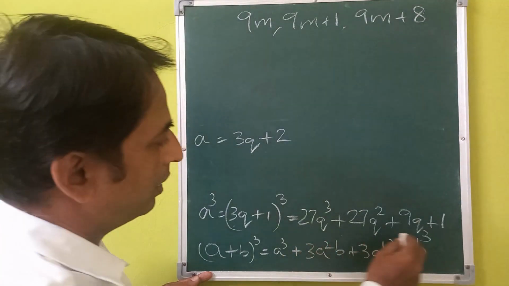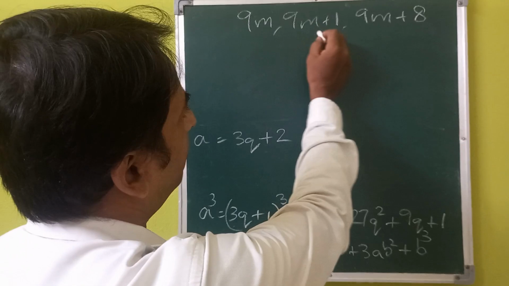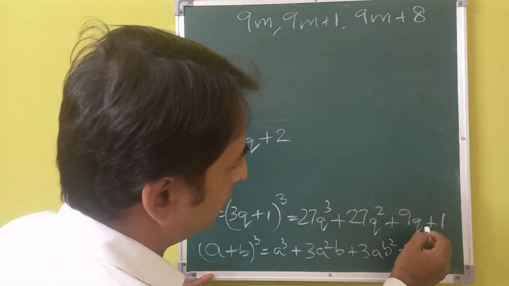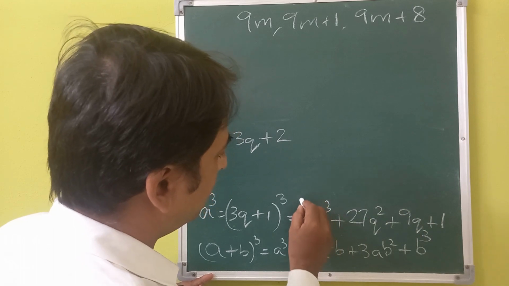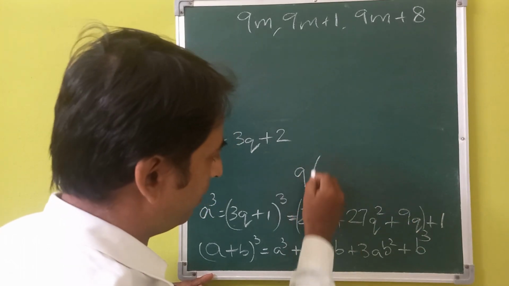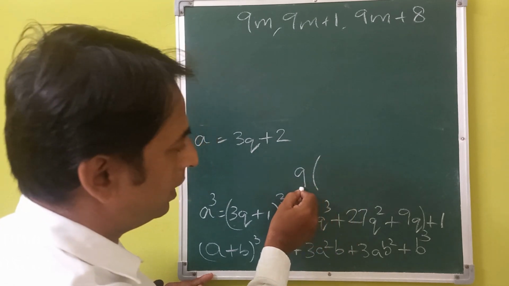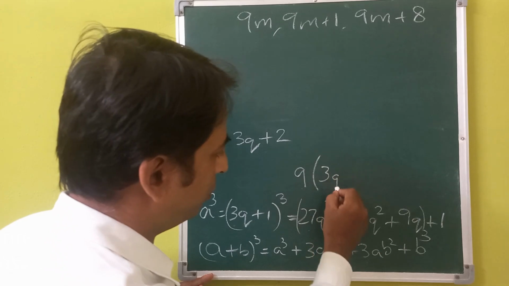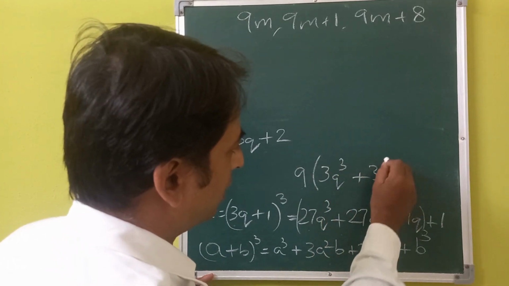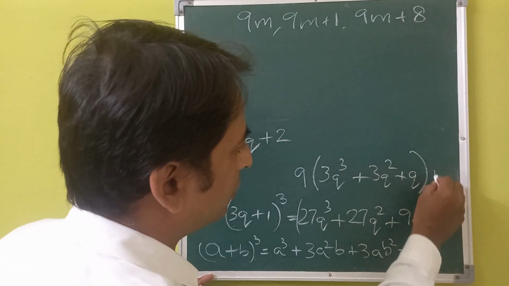So we can try to write it in the form of either 9m, 9m plus 1 or 9m plus 8. Now we can directly see that this is a multiple of 9. So we can write it as 9 times, if you take the 9 out, 3q cubed plus 3q square plus q, bracket close, plus 1.